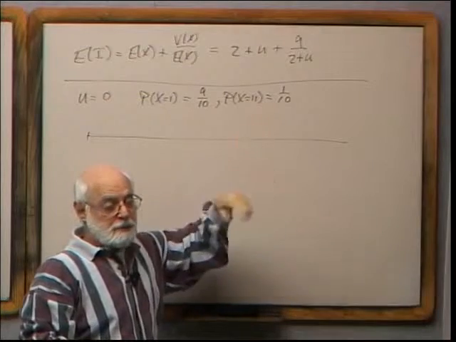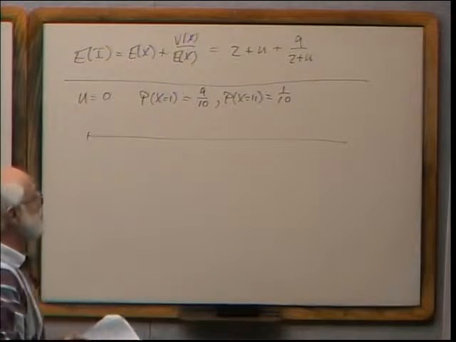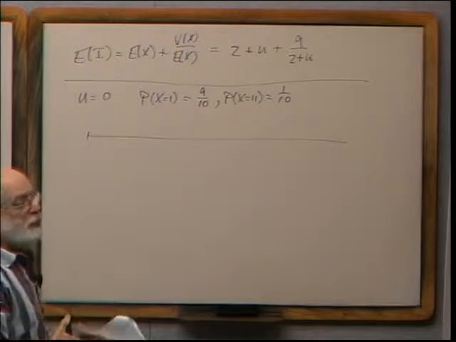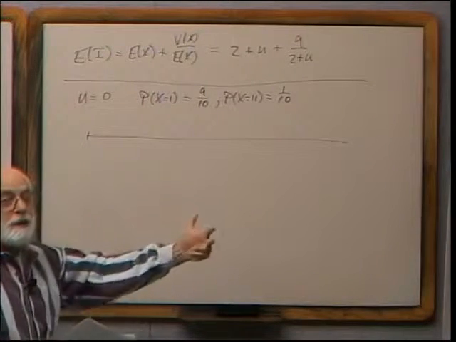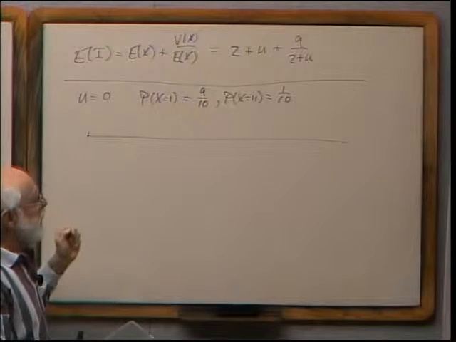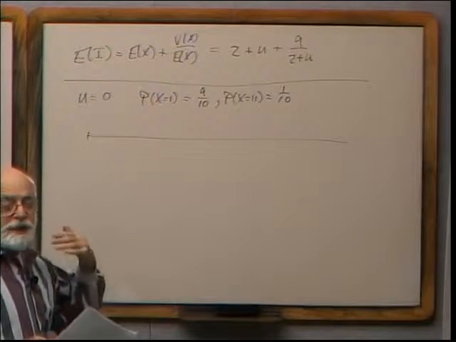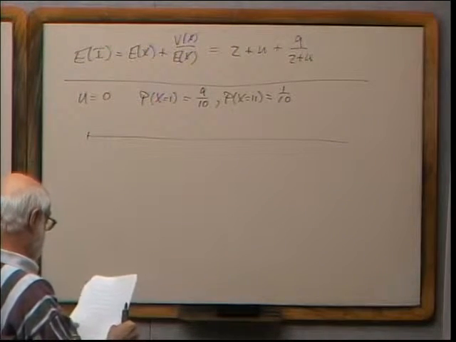So for the purpose of insight here, I'm going to take these intervals, of which 90% are 1s and 10% are 11s, and reorder them so that I have 9 1s and 1 11, and then 9 1s and 1 11, because statistically it's the same thing. So the diagram is now going to look like this.